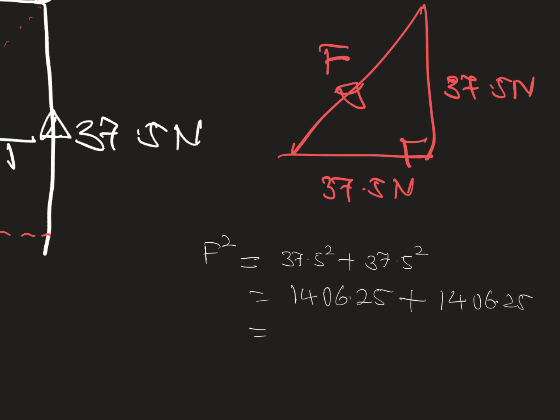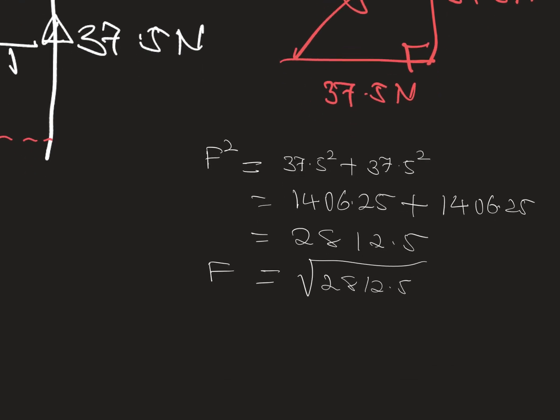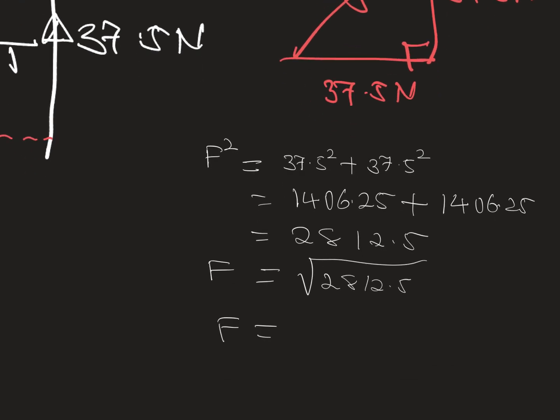That will be 2812.5. So F is going to be the square root of 2812.5. F is equal to 53.0 newtons. So that is the reaction on the pulley.